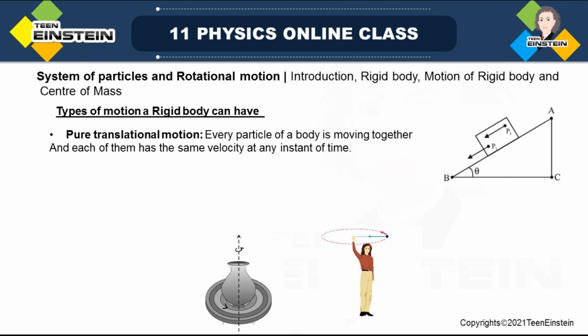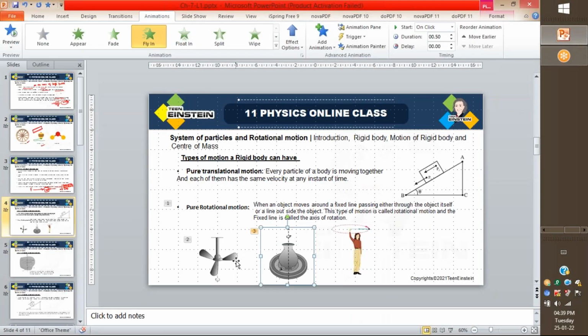Then we'll go on to learn how many types of motion a rigid body can have. How many types of motion can a rigid body have? That is our topic.